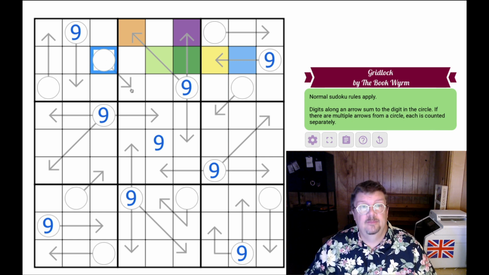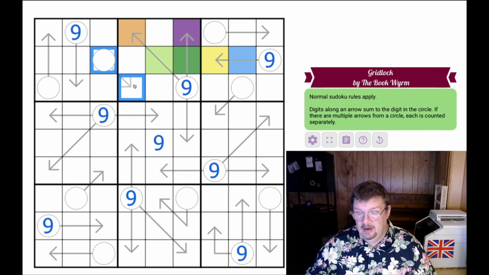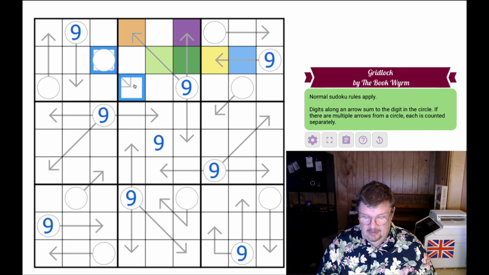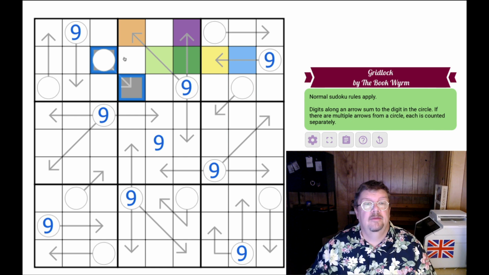So they're the same digit. And we know that they are not light green, dark green, yellow or blue, or purple, or orange. So that must be a different 9 sum. So I am going to give those 2 cells the colour black, because why not?